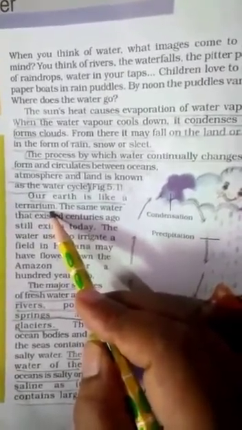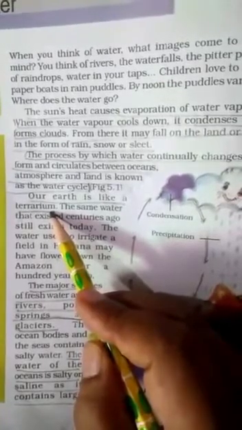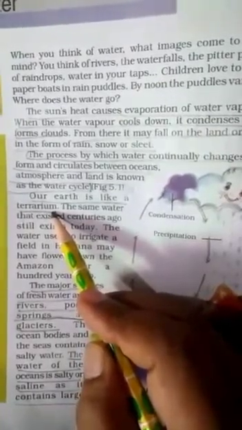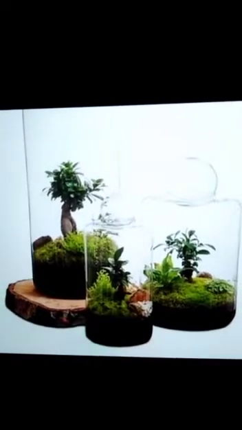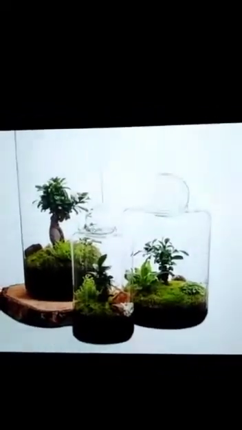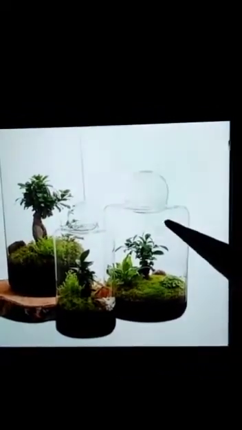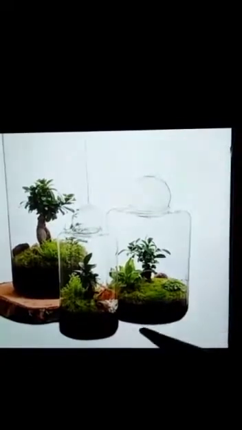They decorate their house with plants, planting them in glass. I'll show you a picture of it. Here is a picture of a terrarium, a glass container. You can see it contains soil and plants.